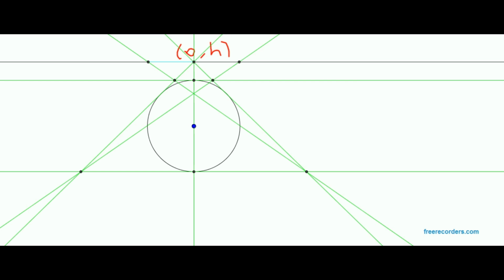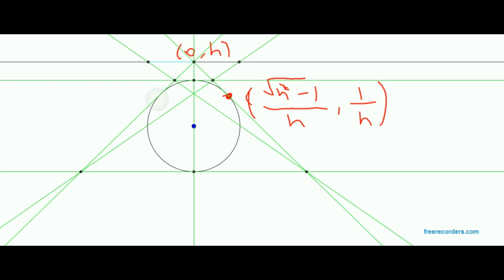If you solve for where the tangents from this point meet the circle, you find that they meet, for example, at this point here, which has an x coordinate square root of h squared minus 1 divided by h, y coordinate of 1 over h.